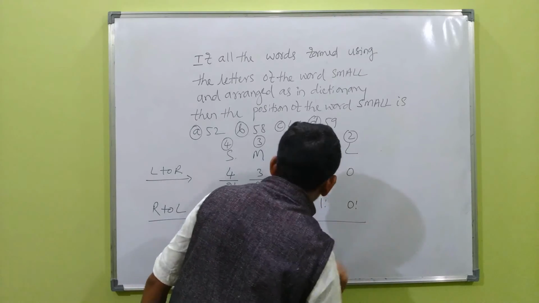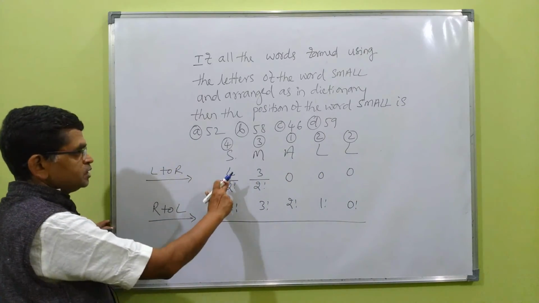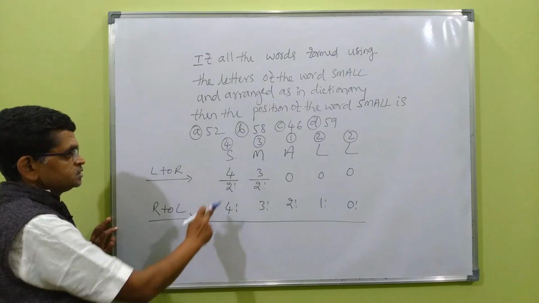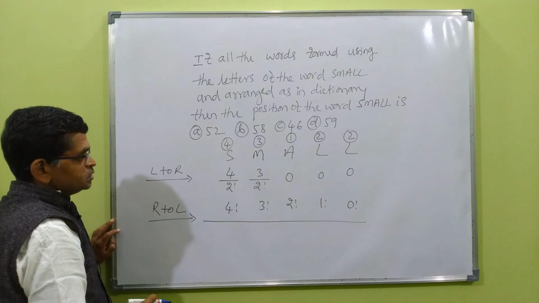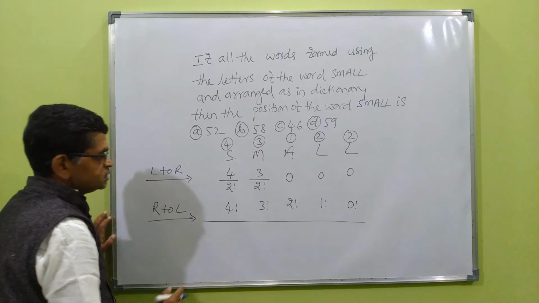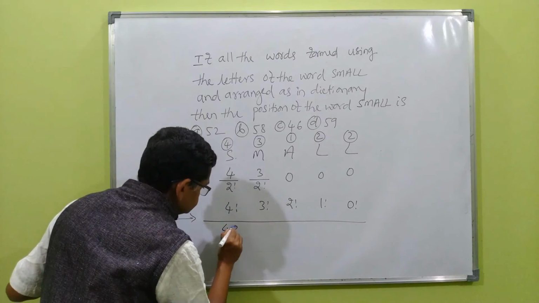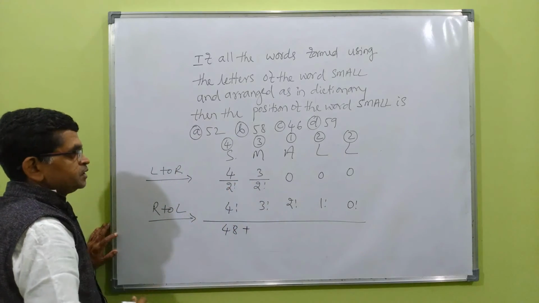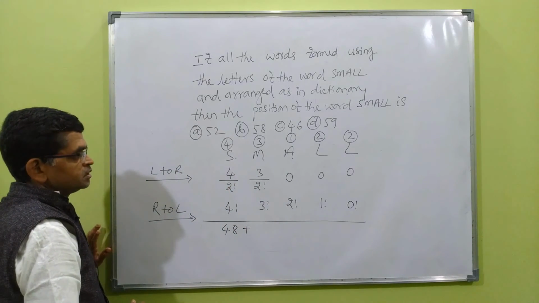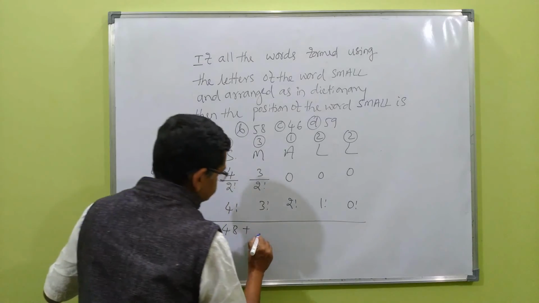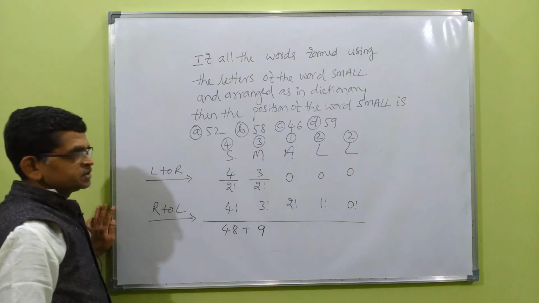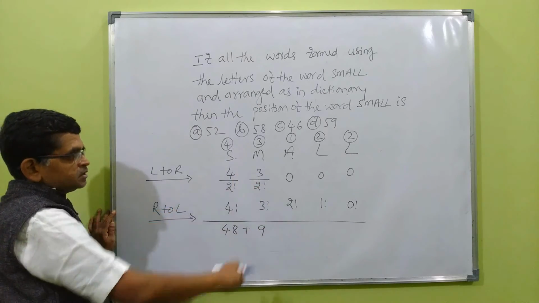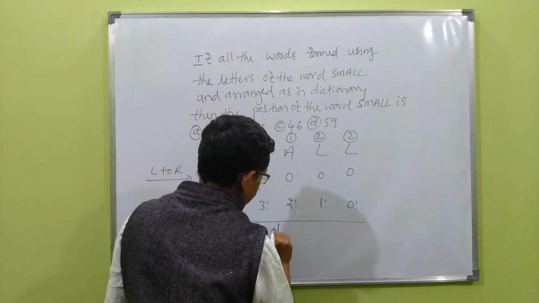Now sum this. 4 into 4 factorial by 2 factorial, that is 4 into 3, that is 48, and this is 3 into 3, is it 9? 9, isn't it? 3 into 2 factorial gets cancelled and 3 into 3 is 9 and remaining are zeros.